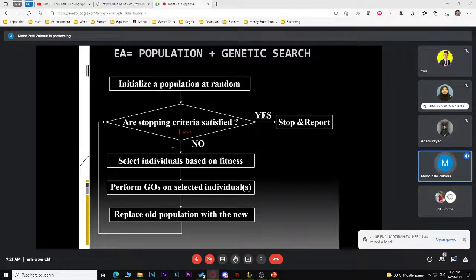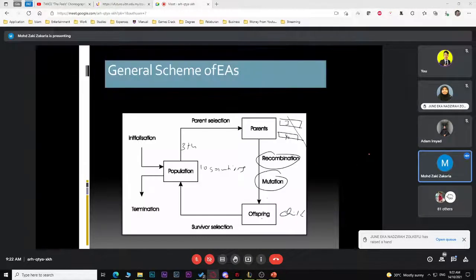If you set it to 1,000, you need to repeat the same process 1,000 times. When you reach 1,000 iterations, you stop and give the result. Report means show the result. We'll discuss the details later. This is the rough idea.